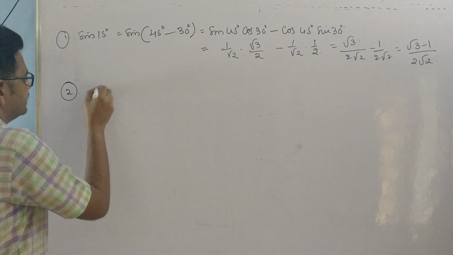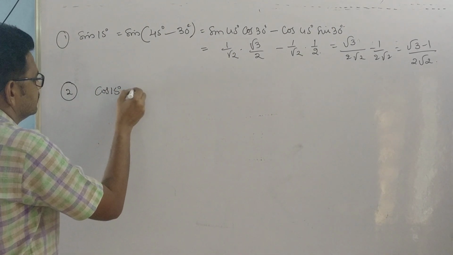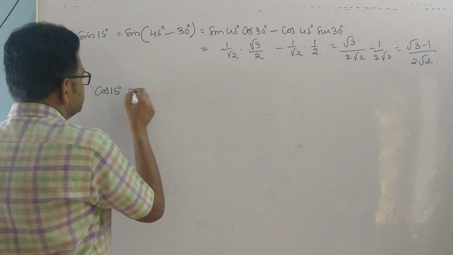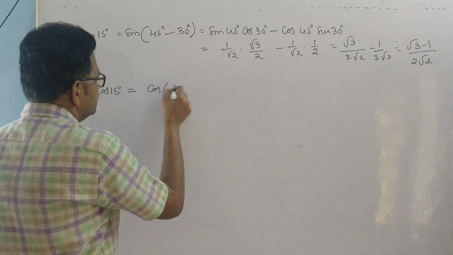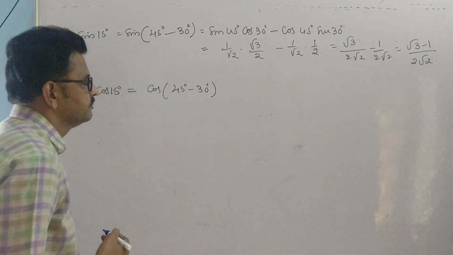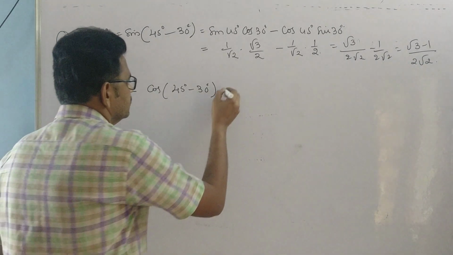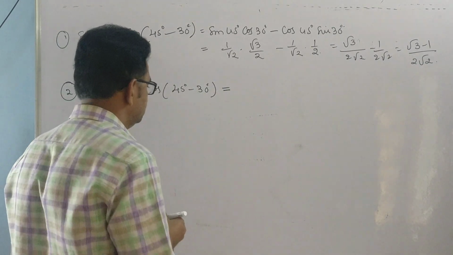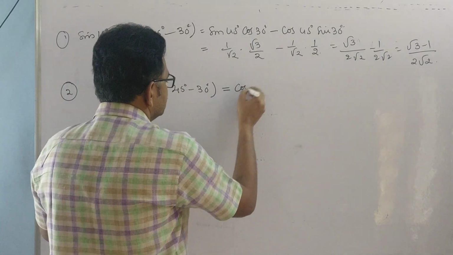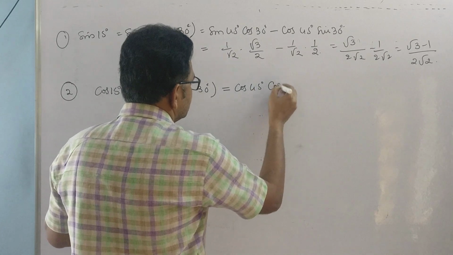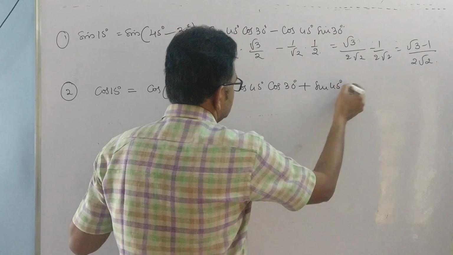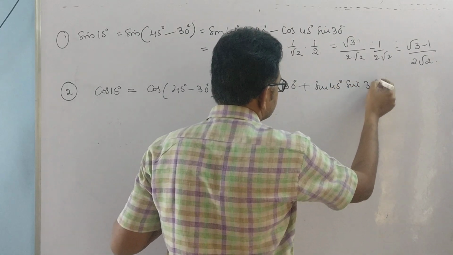Like that, we have cos 15 degrees is equal to, cos 15 is what? This is cos of 45 degrees minus 30 degrees. So this is equal to cos A cos B plus sin A sin B, that is cos 45 degrees into cos 30 degrees plus sin 45 degrees into sin 30 degrees.